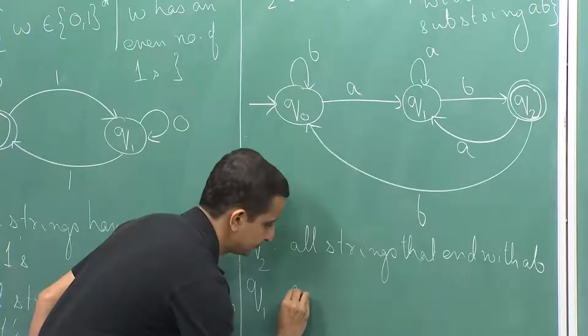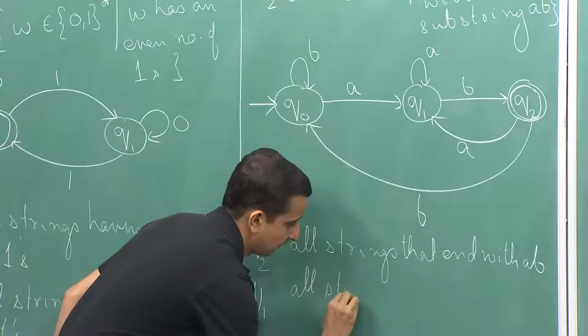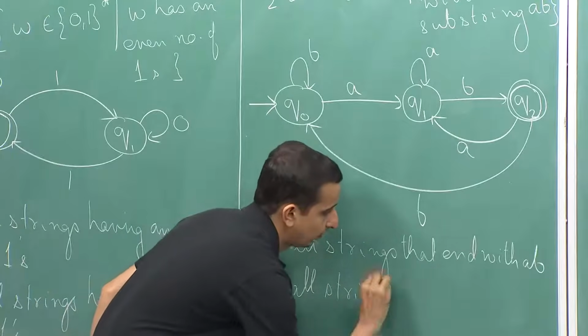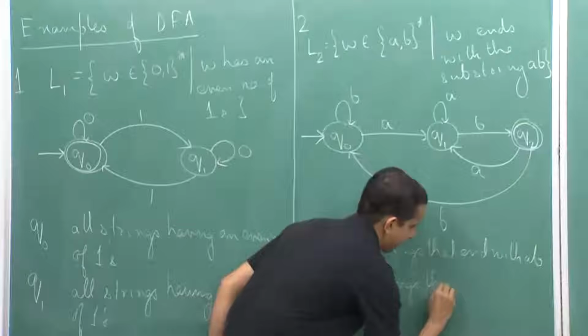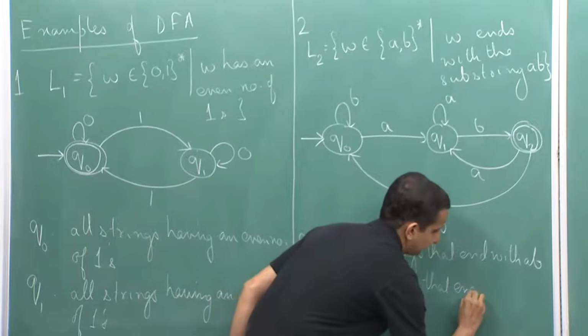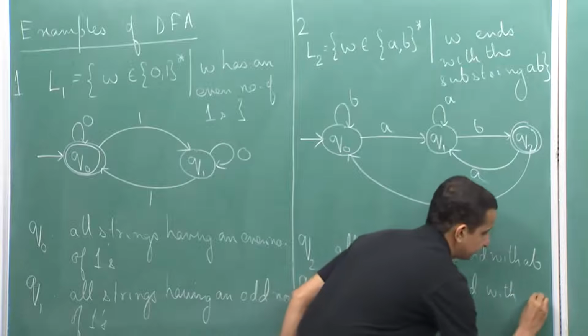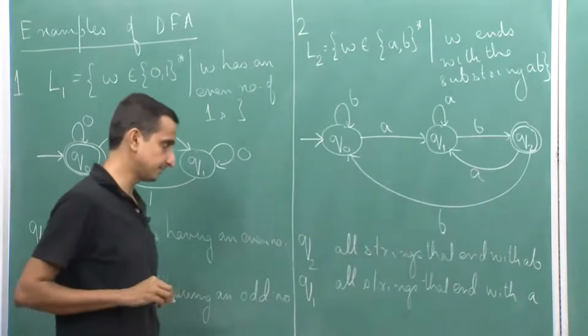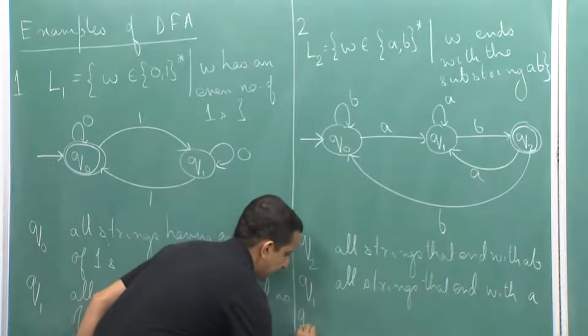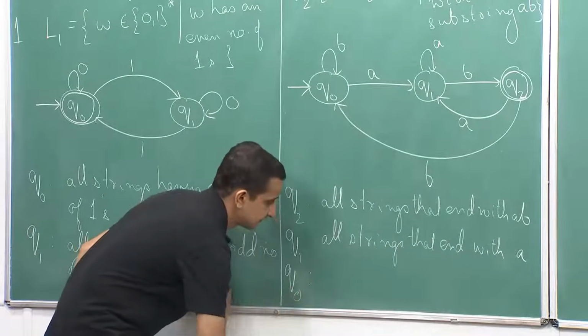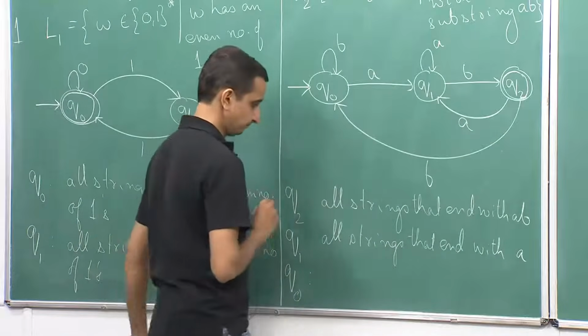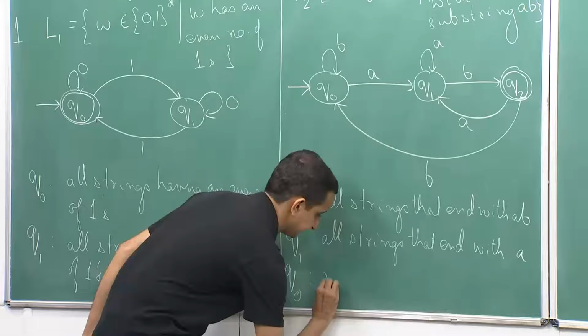Q1 corresponds to all strings that end with the substring A, and Q0 corresponds to the remaining strings basically.